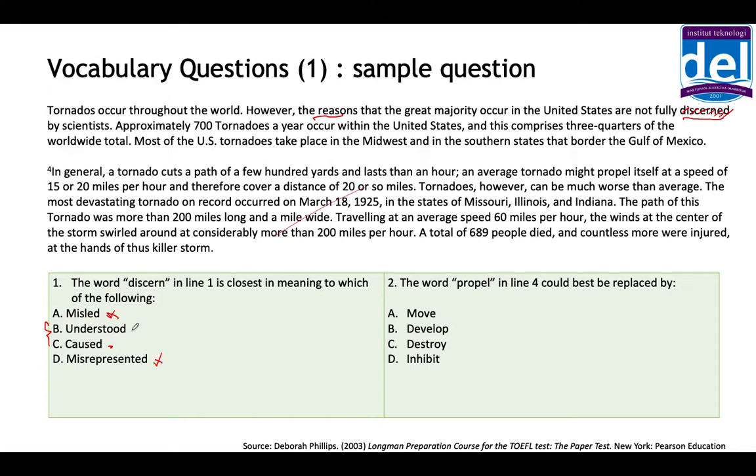So the most appropriate option to complete this sentence is the word understood. So again, to make sure we can read it again, the reasons that the great majority occur in the United States are not fully understood by scientists. So that's how you determine the meaning of the difficult word. Again, you can assume that there is no word here or it's blank.